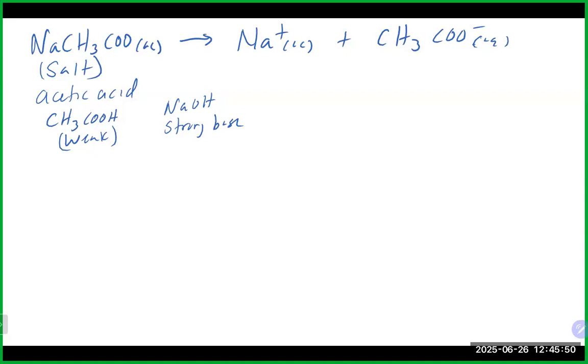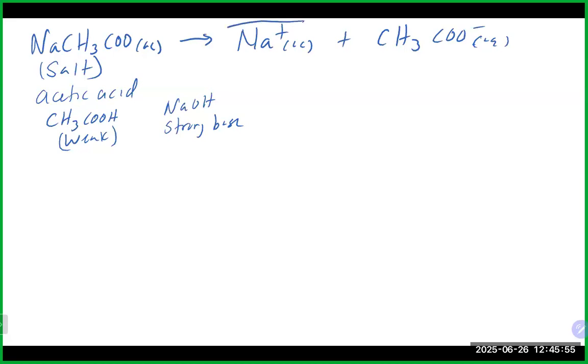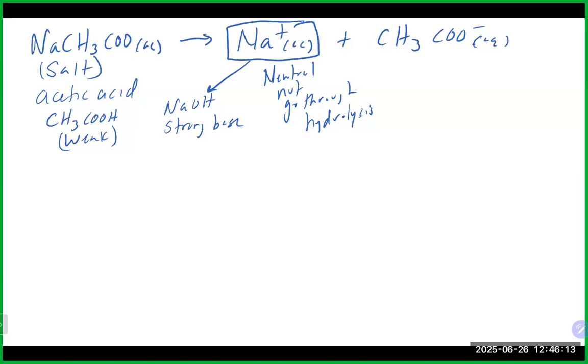So when we look at this salt, sodium acetate, we know from our conversation a second ago that the sodium comes from sodium hydroxide, group 1 or 2 on the periodic table. It is going to be neutral. It is not going to go through hydrolysis. So now we need to take a look at our acetate. Our acetate did come from over here, our weak acid.